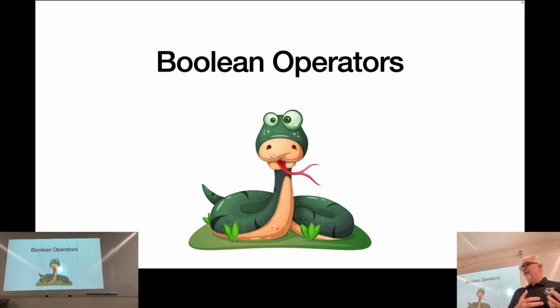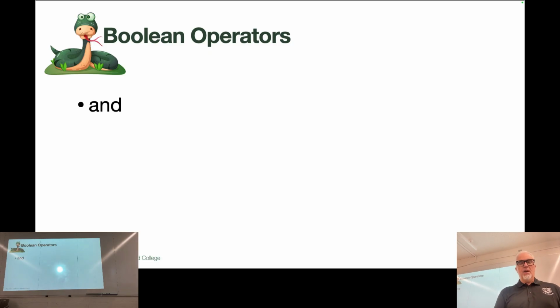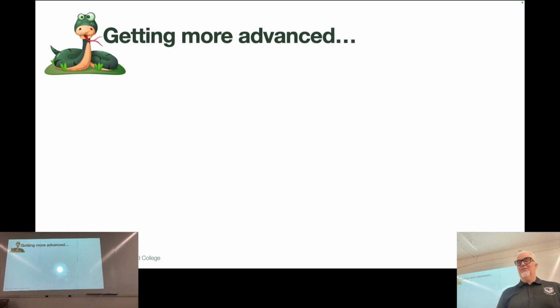That's the only thing they really have in common. Okay, so Boolean operators are and, or, and not. And there we actually use the words and, or, and not to create even more complicated logical situations.